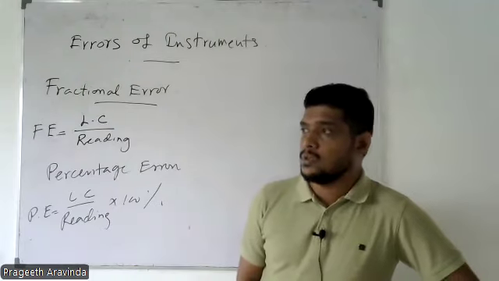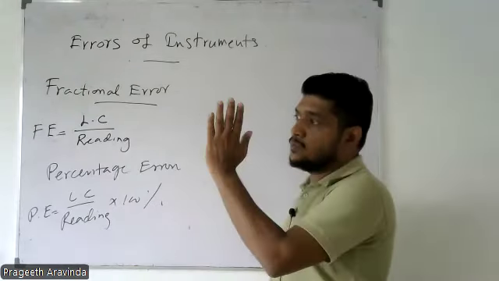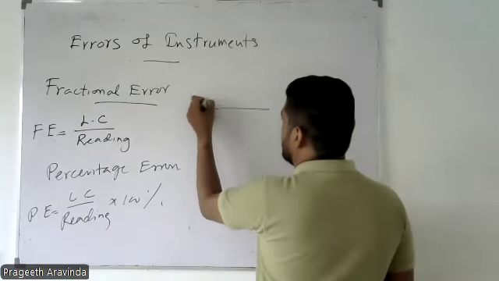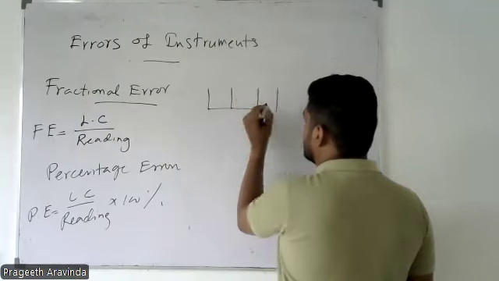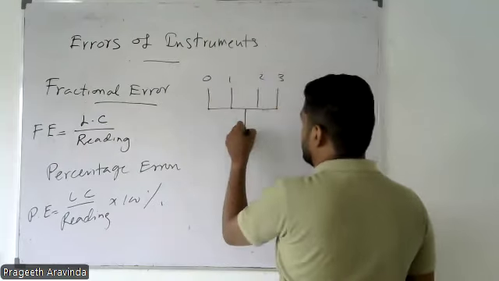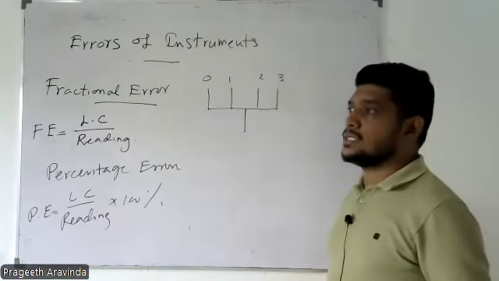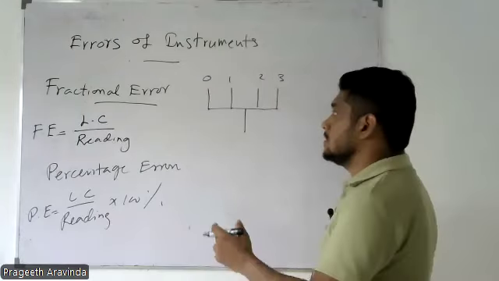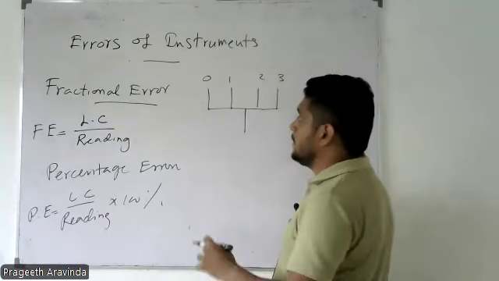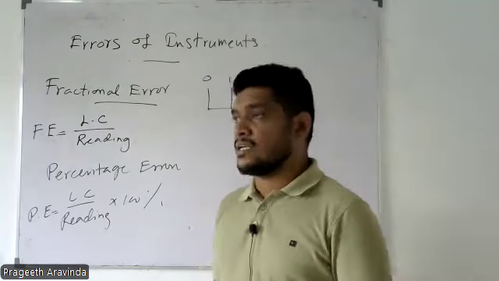The problem is when you measure something which falls in between two millimeter marks, right? Something falls in between millimeter marks, you know what's going to happen. You cannot take a correct value because the least count is not small enough.